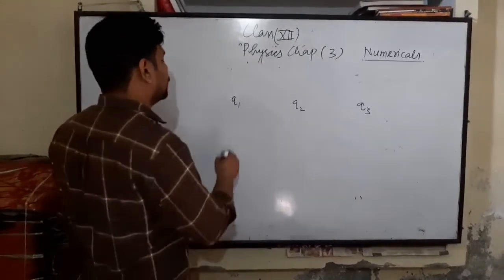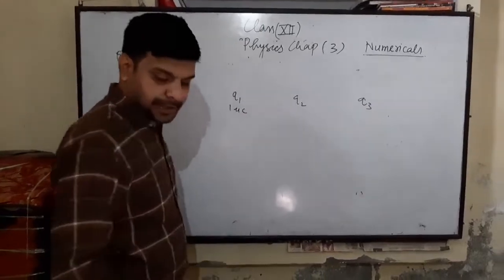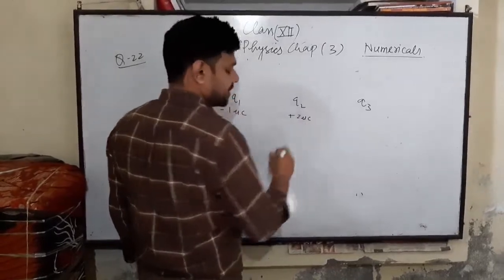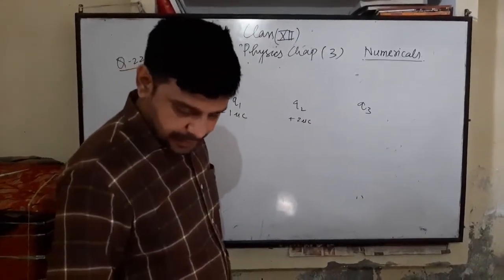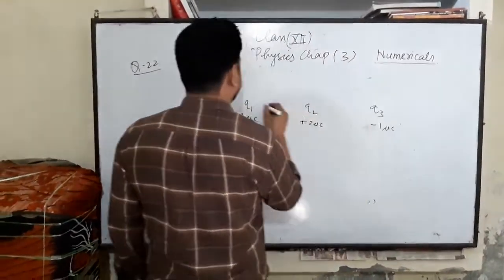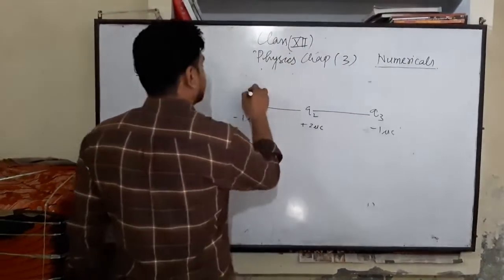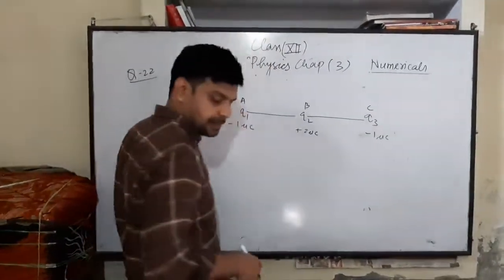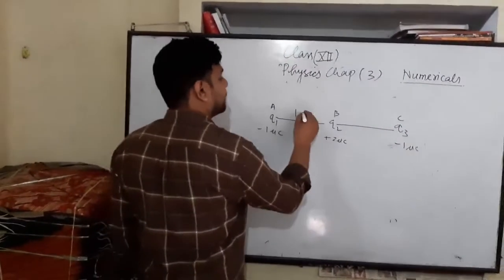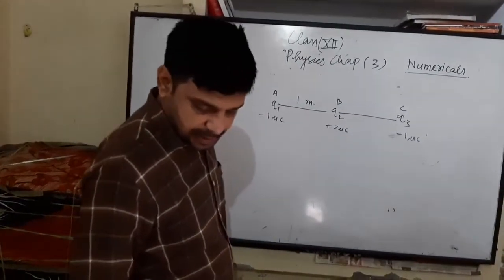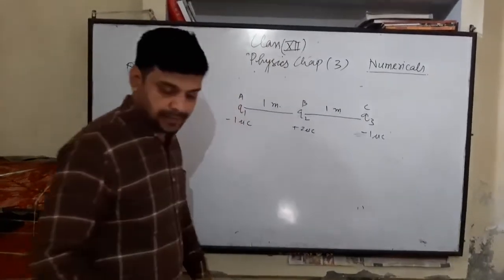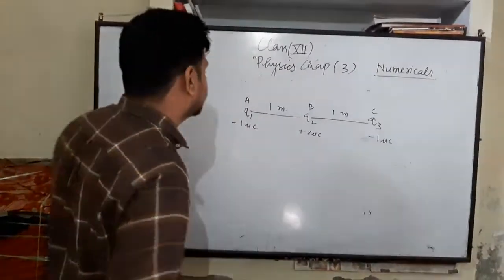Q1 is minus 1 microcoulomb, Q2 is plus 2 microcoulomb, and Q3 is minus 1 microcoulomb, at points A, B, C. The distance between Q1 and Q2 is 1 meter, and between Q2 and Q3 is also 1 meter. Find the electric potential energy of this system.